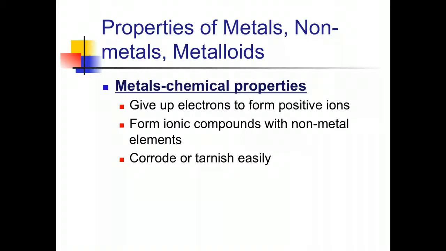Corrosion, tarnishing, rusting, when copper gets that green patina to it, that's all chemical reactions with oxygen in the atmosphere. Those are all chemical changes occurring due to the chemical properties of metals. Metals like to react with oxygen in the atmosphere.